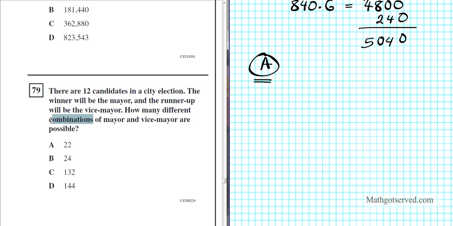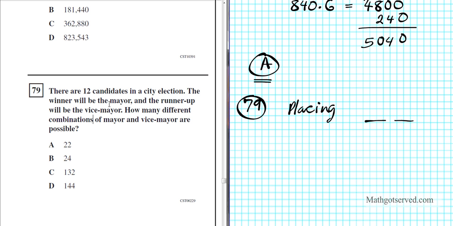That's a distractor. What is happening here? Are they just being selected as a group or are they being placed into positions? You notice that a mayor is a position and the vice mayor is also a position. So what we are doing here is placing people from the 12 into two positions.